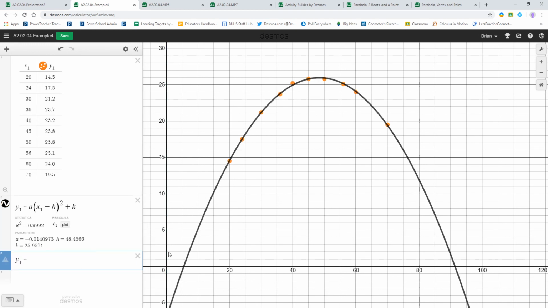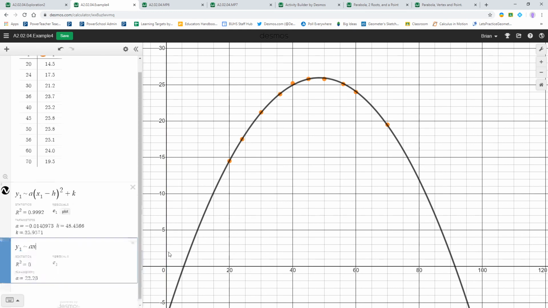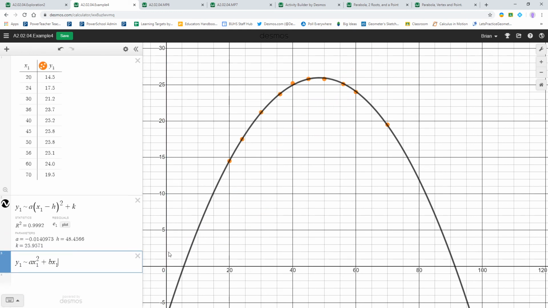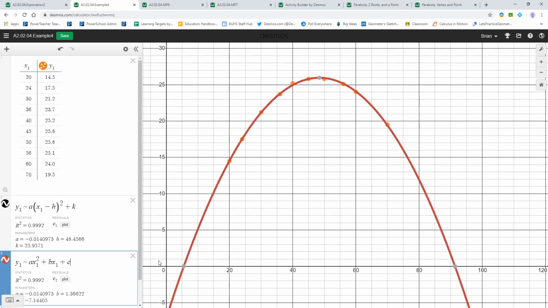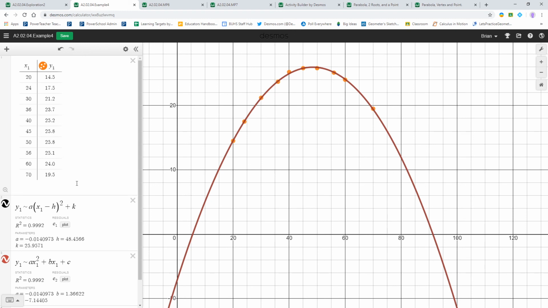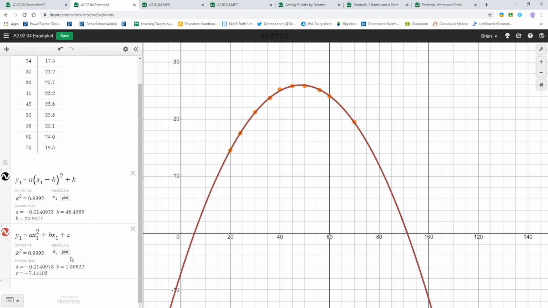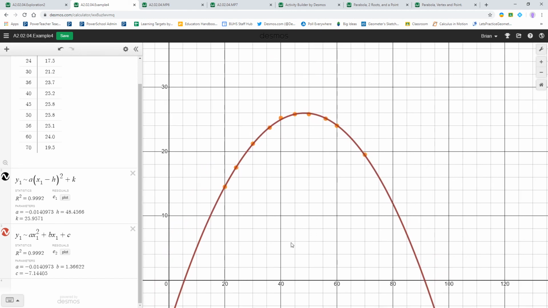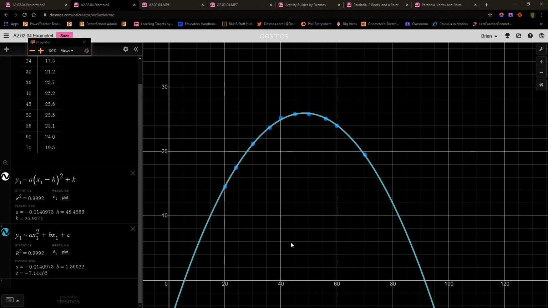Actually, let's do it this way: a times x1 squared plus b x1 plus c. Sorry that it gets jittery when I do that. And notice that I actually get exactly the same curve, but I find different variables for it. So here I've got a, h, k, and there I've got a, b, and c. Quite the thing of beauty, if you ask me.